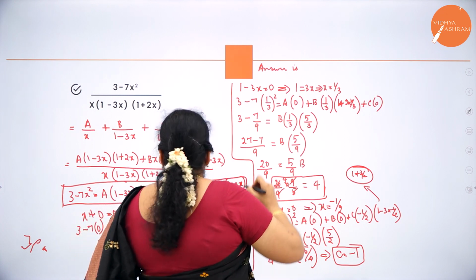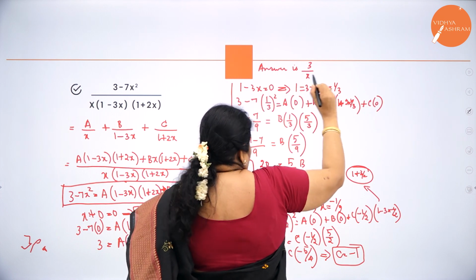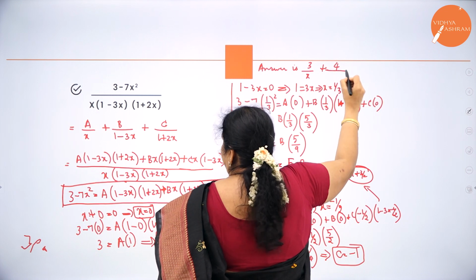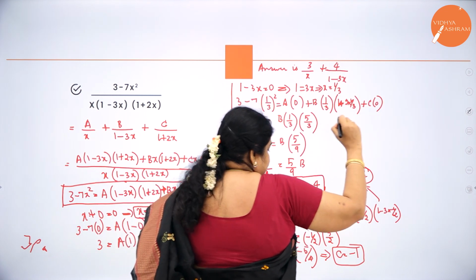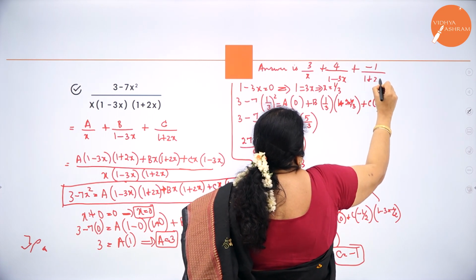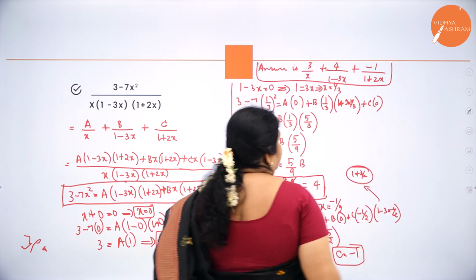What's the value of A? 3 by x. What's the value of B? B is 4 plus 4 by 1 minus 3x. Then value of C is minus 1 plus minus 1 by 1 plus 2x. So this becomes your answer.